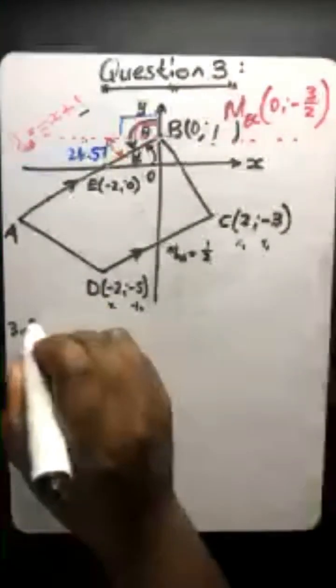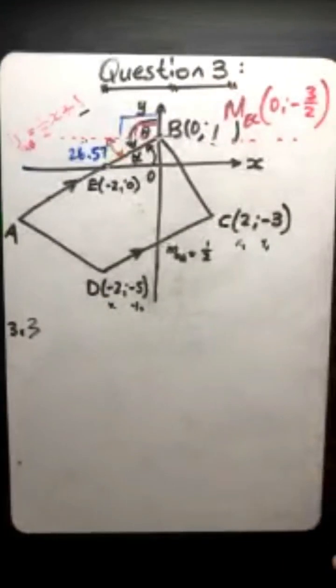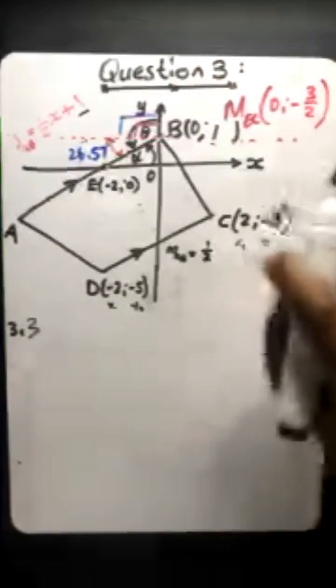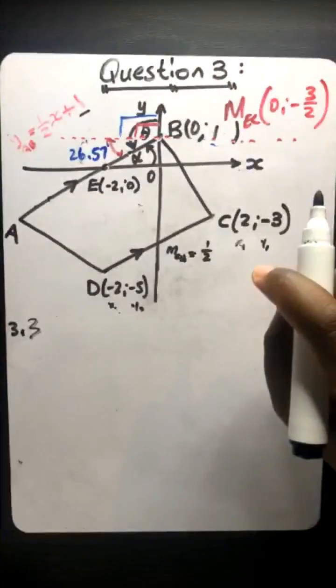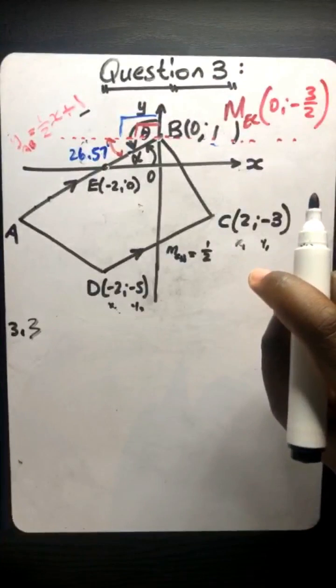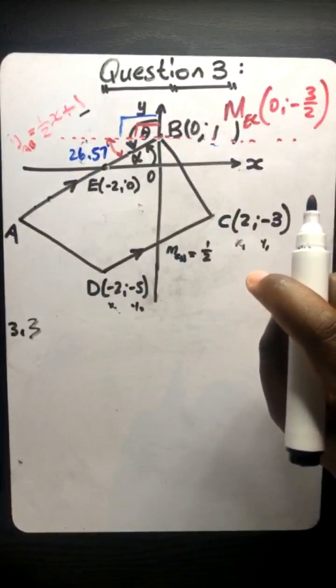3.3 is what we will be looking at. They say the points E, B, and C lie on the circumference of a circle.